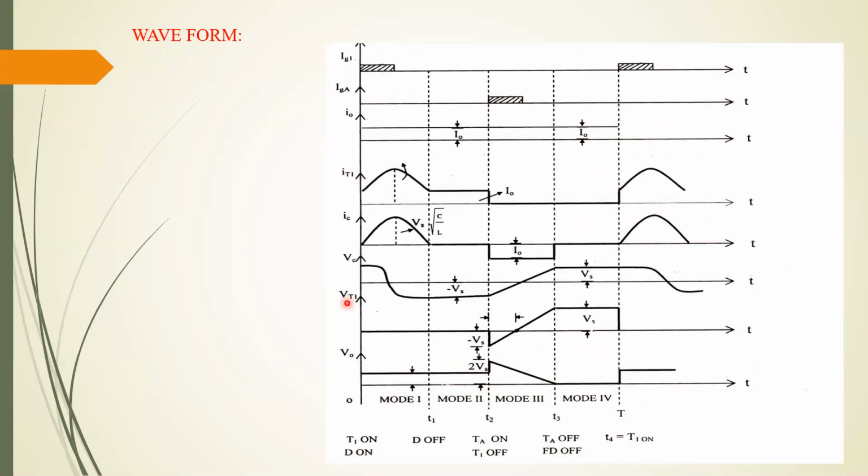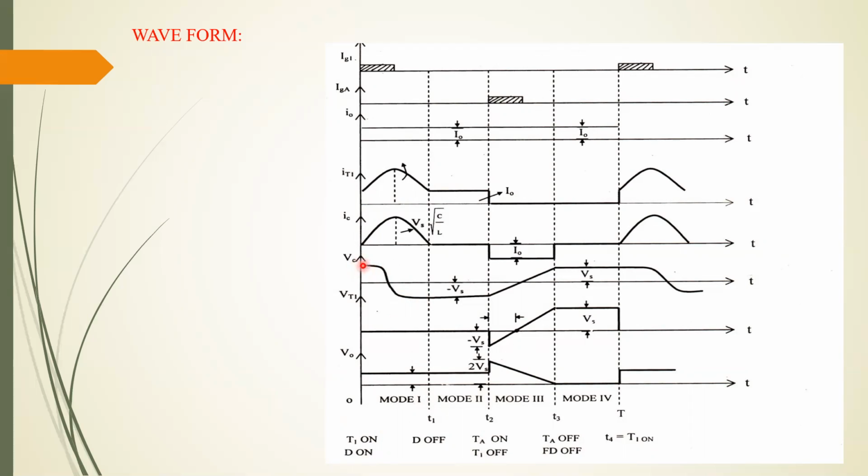I can explain this here in the waveforms. Initially the capacitor is charged, and it starts discharging in mode 1 when T1 is on. At mode 1, up to time T1, the capacitor starts discharging. When the chopper is on, it discharges from positive Vc to negative Vc.